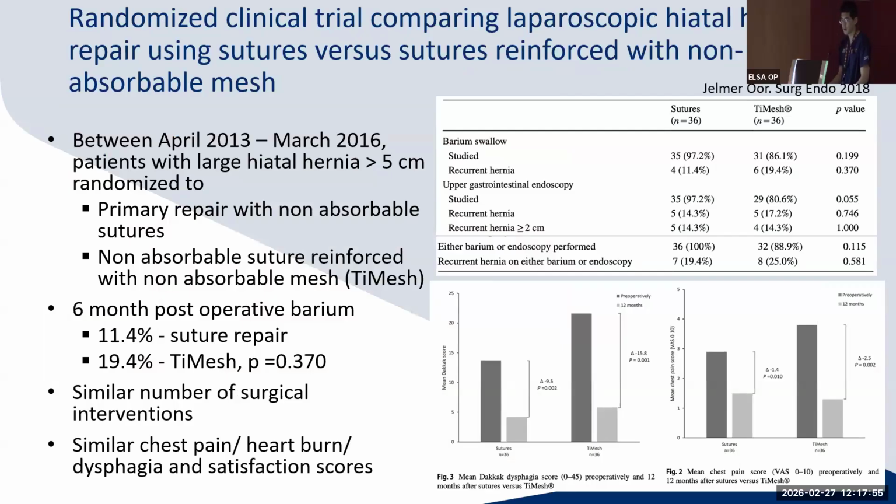Again, in this RCT that compared the use of sutures versus sutures reinforced with non-absorbable mesh, the results are fairly similar. The results with the use of mesh are not really better, and the number of surgical interventions and satisfaction scores are pretty much similar.